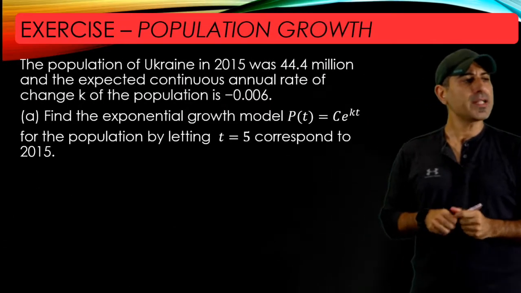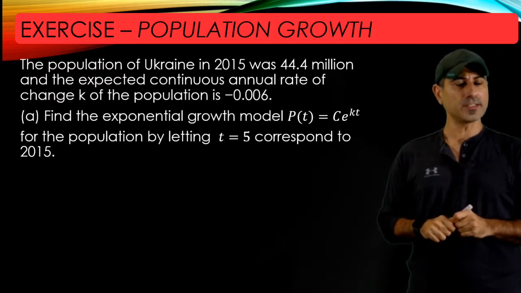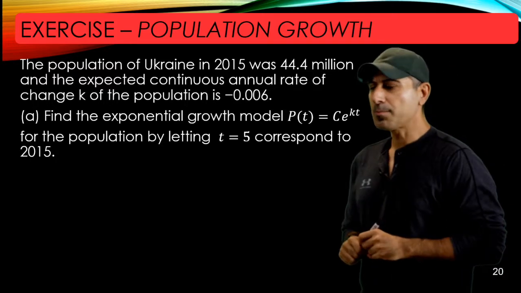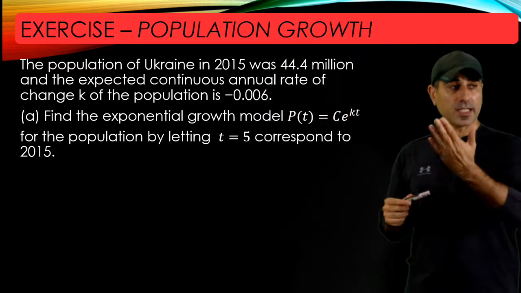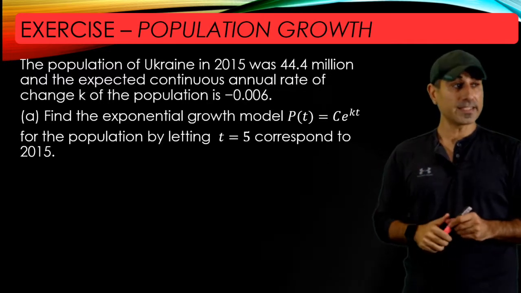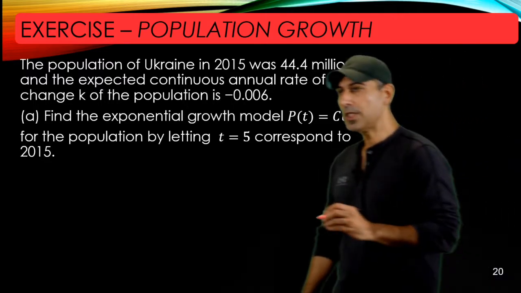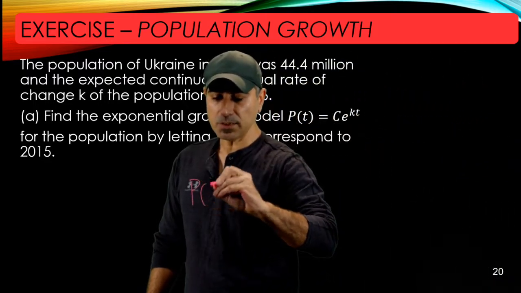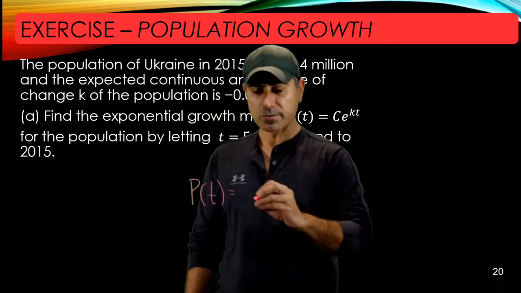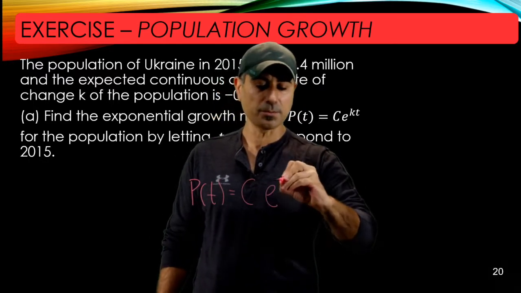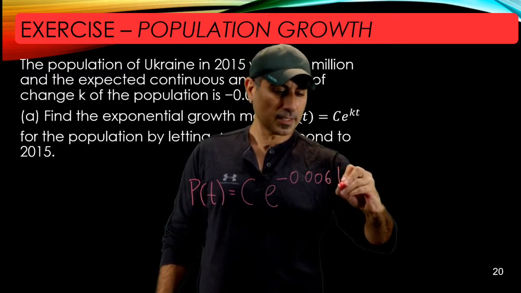All right, so we know that the solution has the form of P of t equals c e to the kt, and here P is the population in time, t is time in years, and k is the given proportionality constant or annual rate of change. So you can go ahead and write that P of t, the change of the population in years, can be represented by c times e to the minus 0.006 times t.